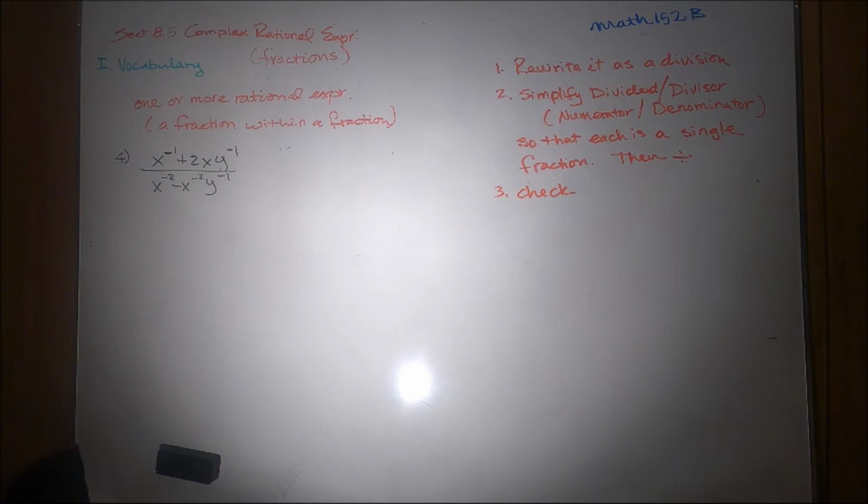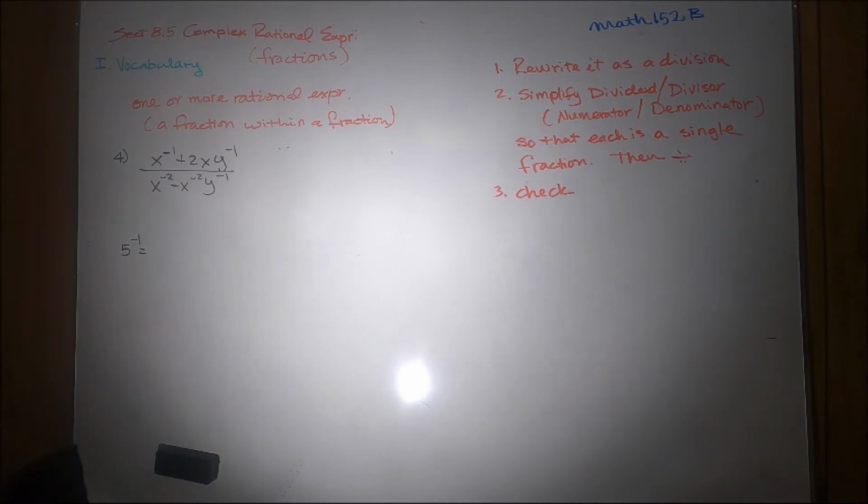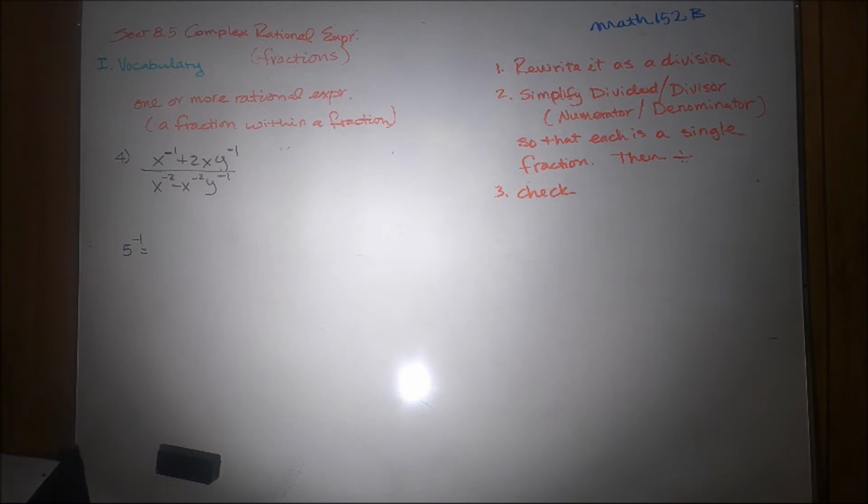Do you remember what negative 1 power means? So 5 to the negative 1, it is what? We say negative doesn't mean negative. It means what? It's just a symbol.